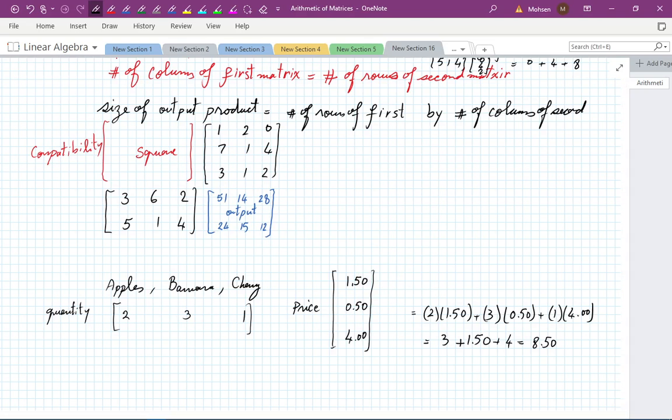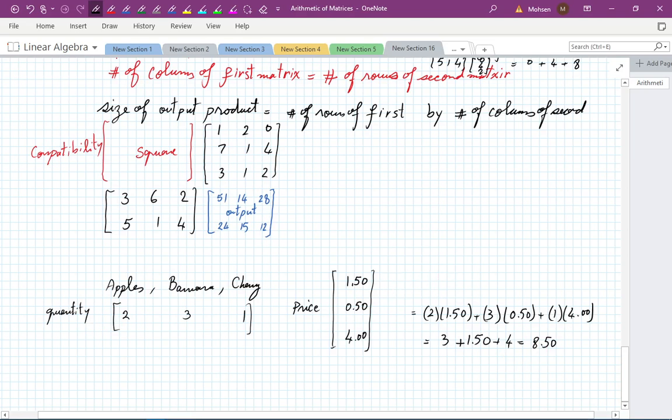And then you'll have a quantity matrix times a price matrix, and out come lots of numbers, which would be the bottom line of each customer depending on which store they went to.